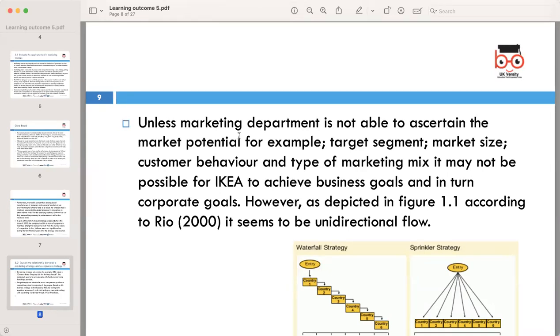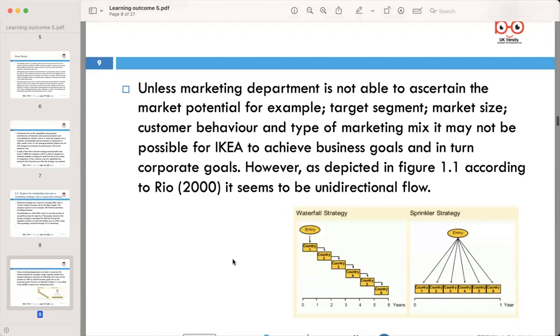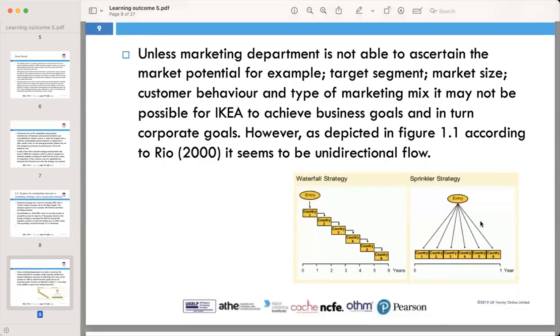However, the relationship between corporate and marketing strategy, as depicted here in the figure according to Rio 2000, appears to be directional.